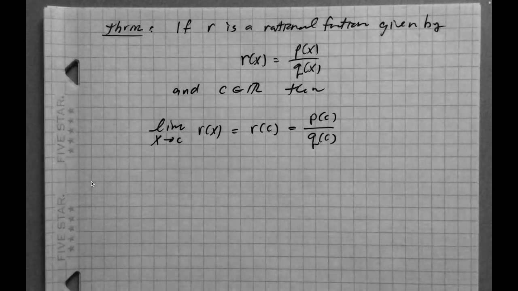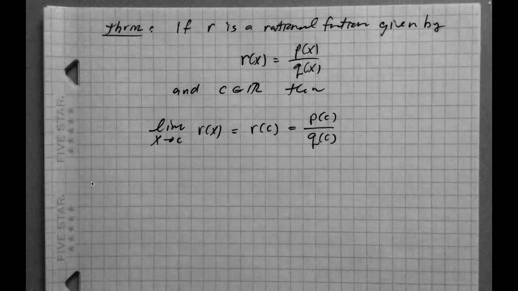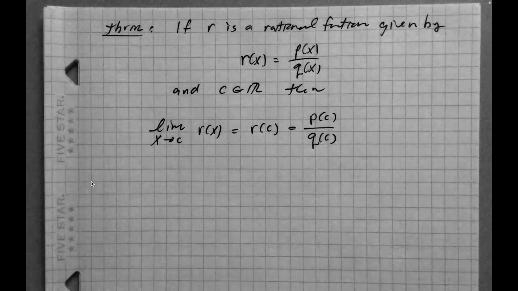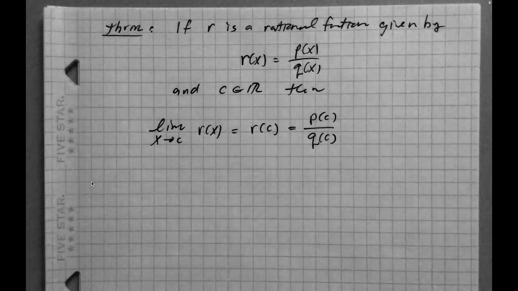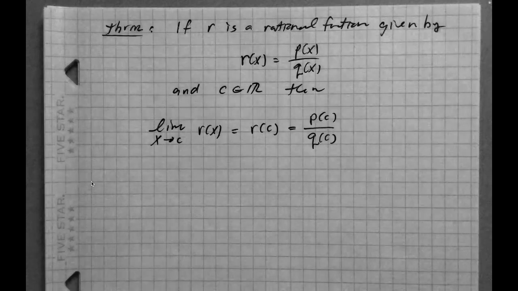And so basically you evaluate the rational function at c as well. So rational functions, because they're built on ratios of polynomials, conveniently, the limit is always equal to the function evaluated at the limit point. Let's see an example.